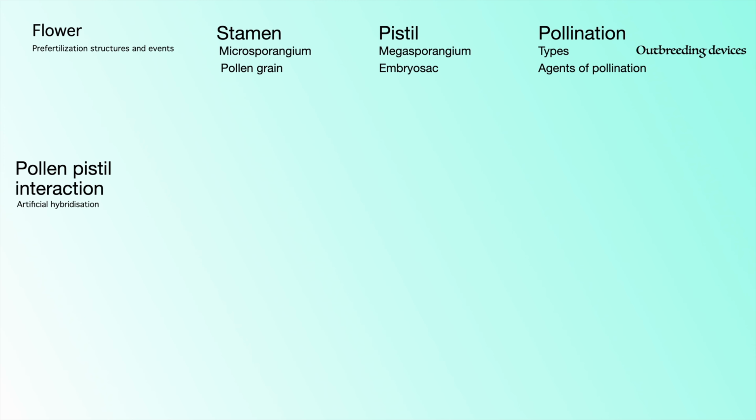Through this pore, the pollen tube is produced. And the inside contents, vegetative and generative cells, move into this tube. This tube further grows through the style. Style is a slender stalk. Through that style, the pollen tube grows and reaches the ovary.